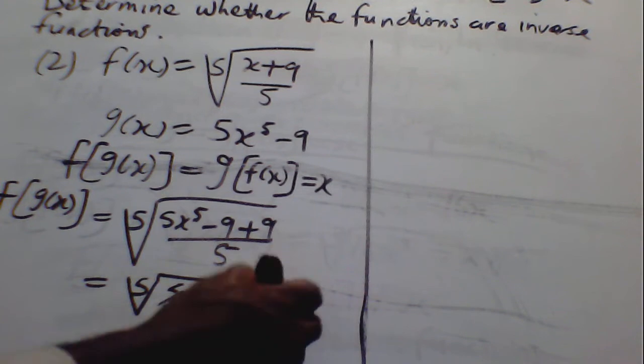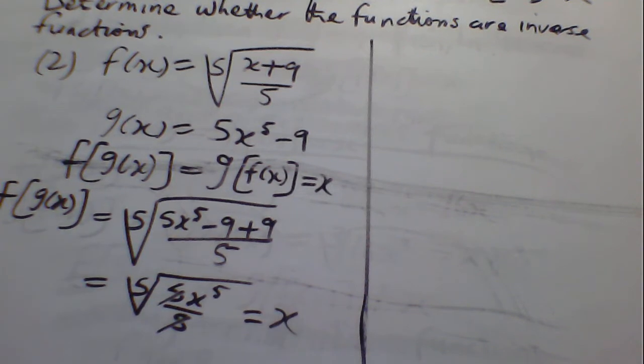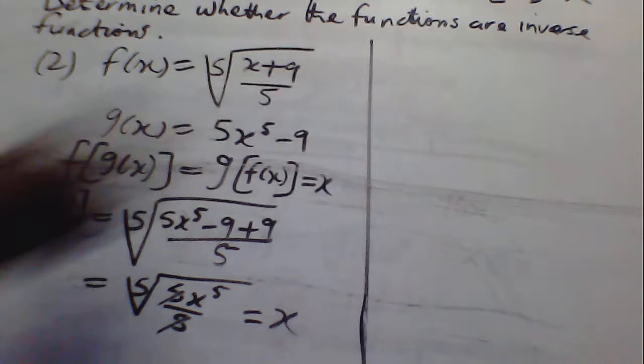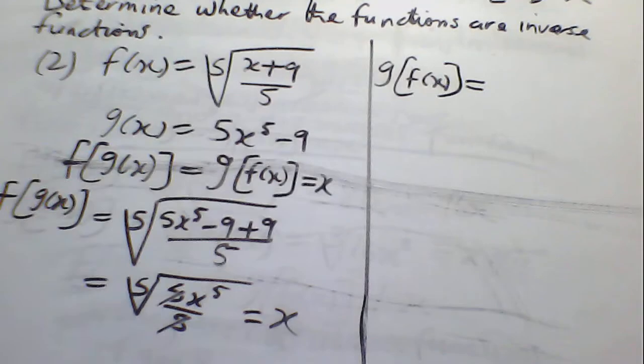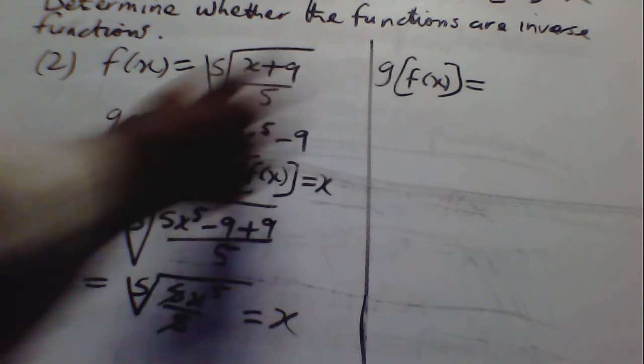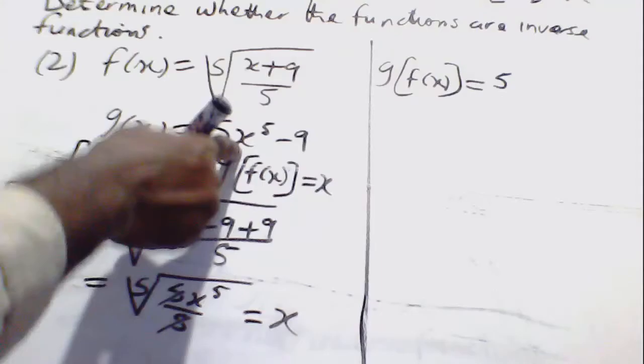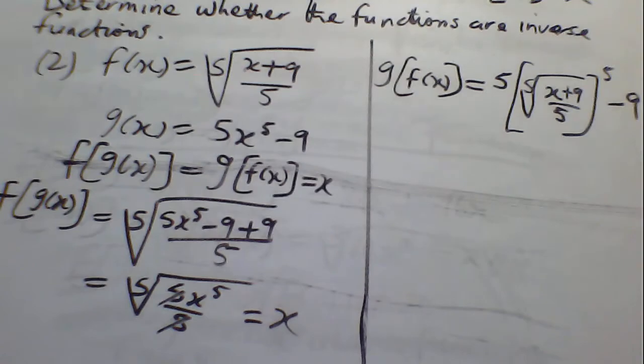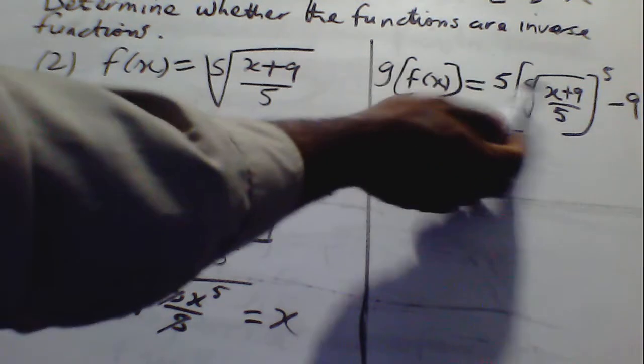We have gotten the first to give us x. So we do the second one. We have done this. The next is g of f of x. So write 5, and wherever you see x, put this value. So this gives us the 5th root of x plus 9 divided by 5. Remember to put this 5 exponent, minus 9. So you see there is 5 here, there is 5 here.